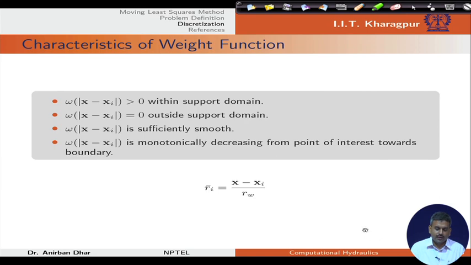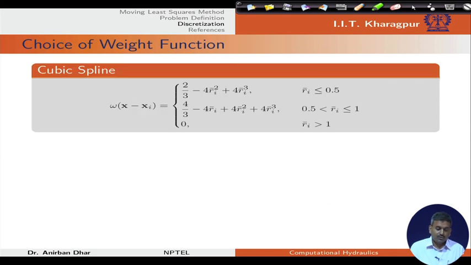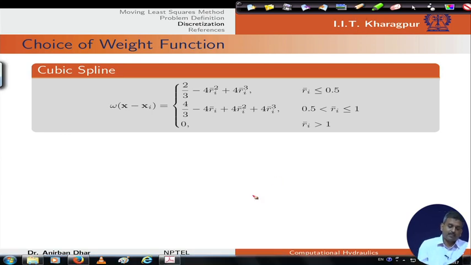So, if we have x minus xi by xr, this is our radius. So, we can use different weight functions. In this case, first representation is in terms of cubic spline. If r greater than 1 means outside support domain, so outside support domain it is 0.